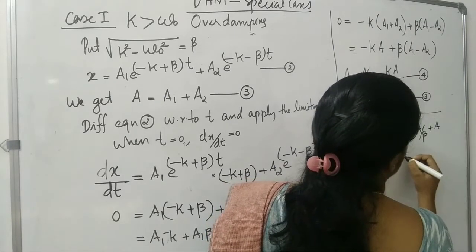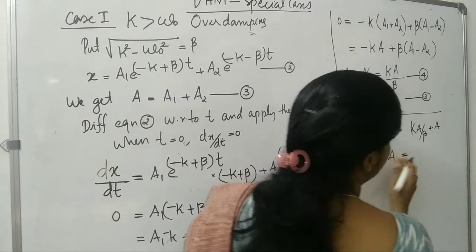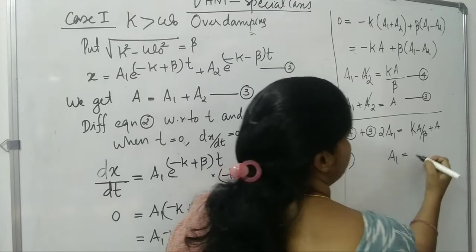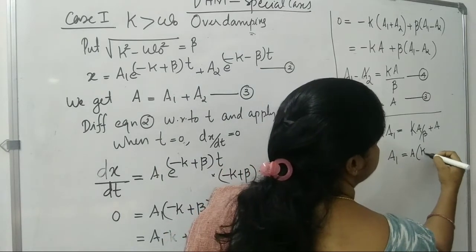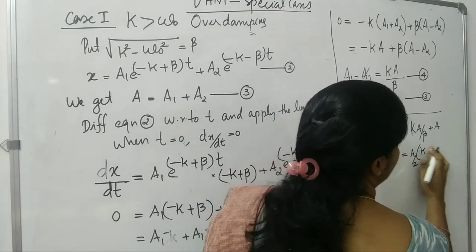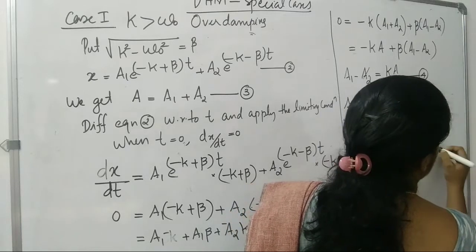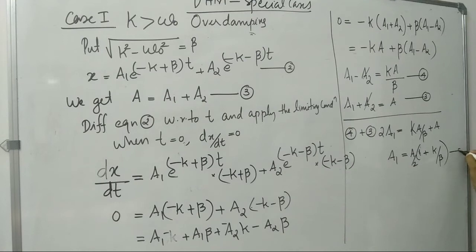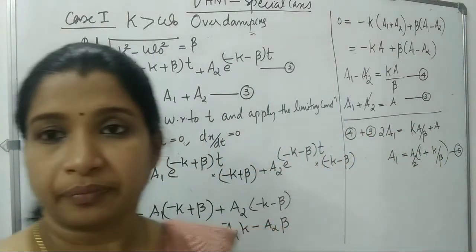We can rewrite this as a1 is equal to, dividing by 2 and taking a as the common term, a by 2 into 1 plus k by beta. So we get the value of a1: a1 is equal to a by 2 into 1 plus k by beta.